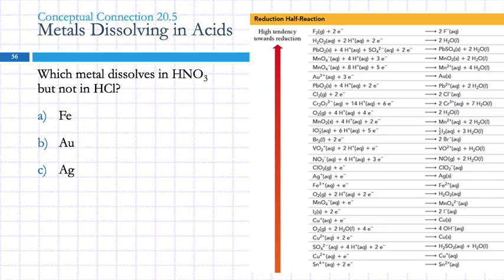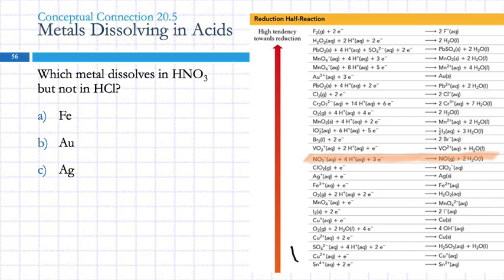So here, this is asking which metal dissolves in nitric acid but not in HCl. So find our acids here. Where did you go? There it is. There's nitric acid.